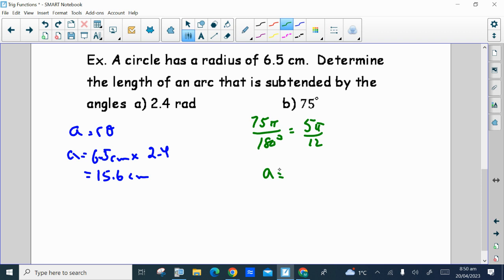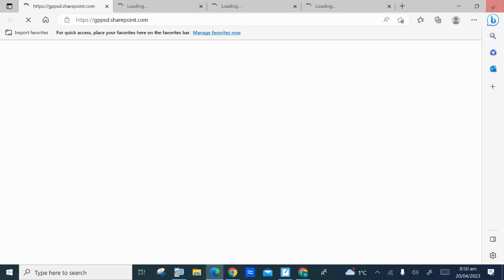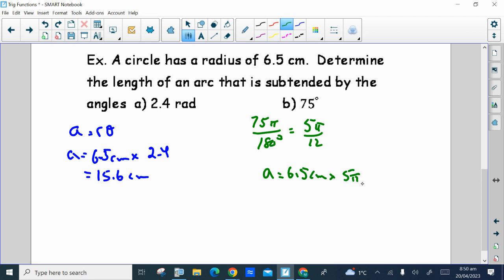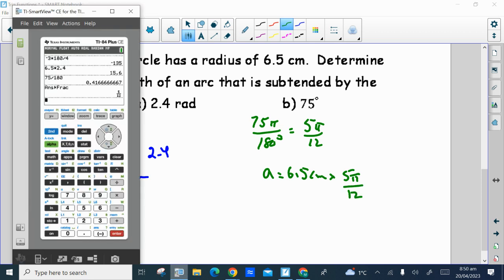Now we can find our arc length by taking r, the radius, and multiplying by 5 pi over 12. So 6.5 times 5 pi divided by 12. So approximately 8.5 centimeters.